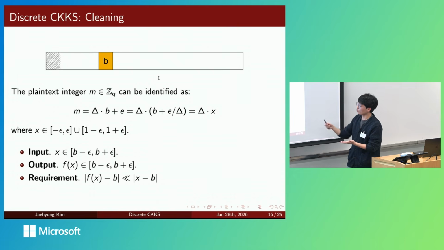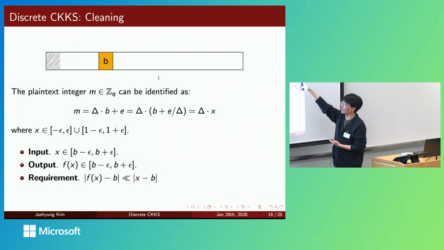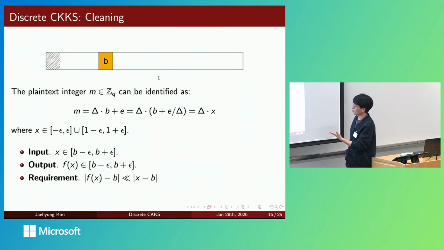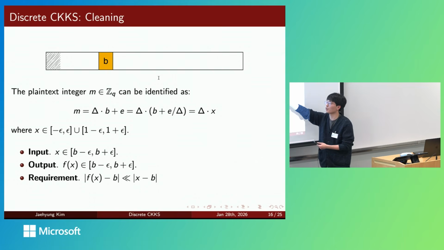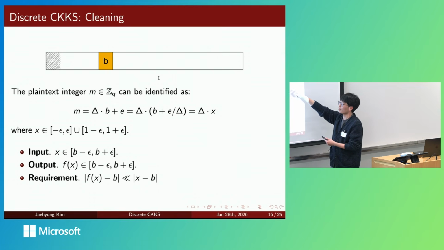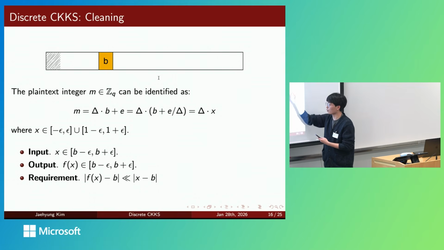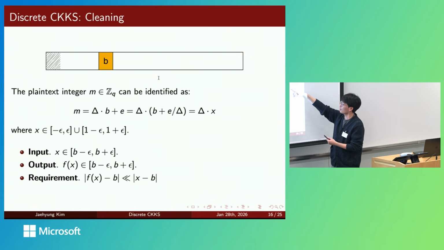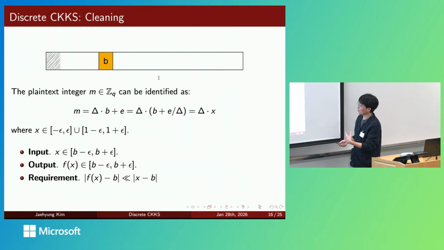To write it down as a formula, the plaintext message, the noisy integer, can be represented as a scaling factor times the bit plus some small error. And if you write this as a real number, then it can be written as delta times x, where x is a noisy bit. So x is near 0 or 1, pretty close to 0 or 1. And what we want to achieve is to reduce the noise.